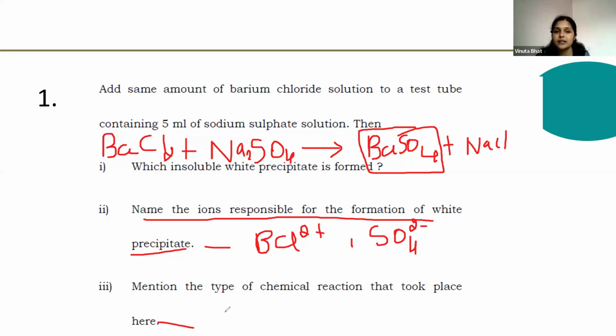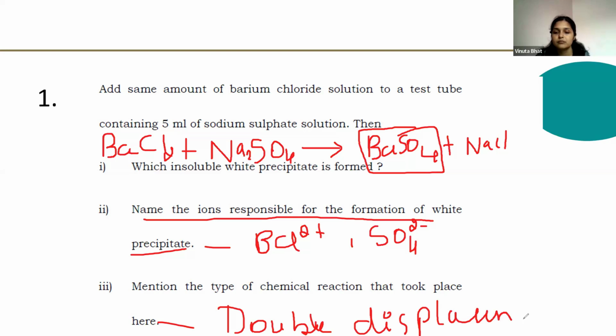The type of chemical reaction is a double displacement reaction, because the exchange of ions takes place between the reactants. So it is called a double displacement reaction. Okay, so like this you should write the answer.